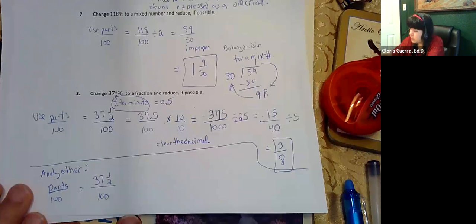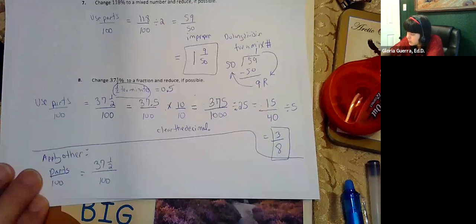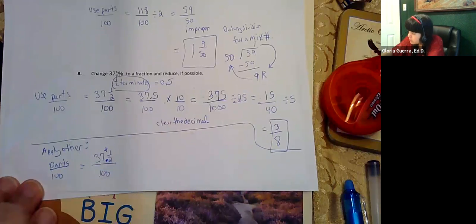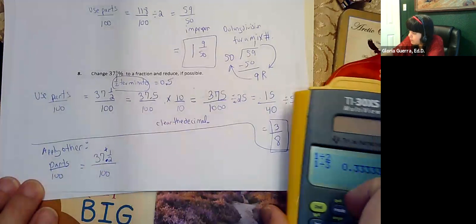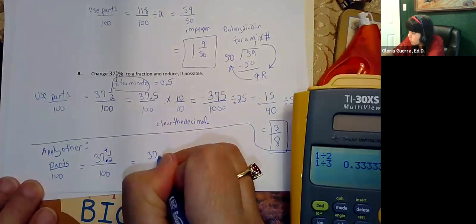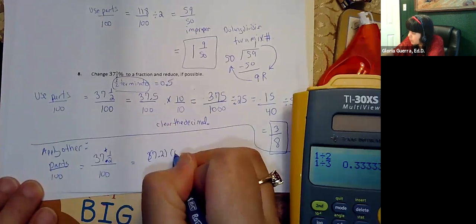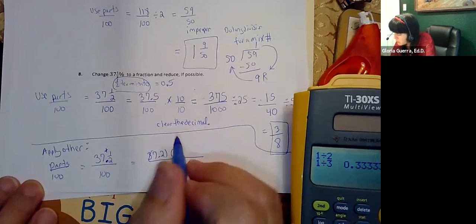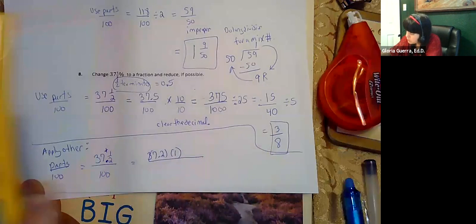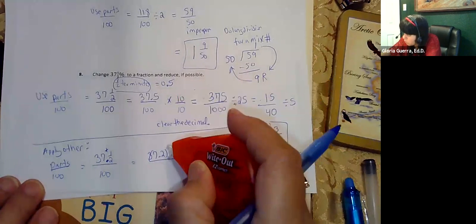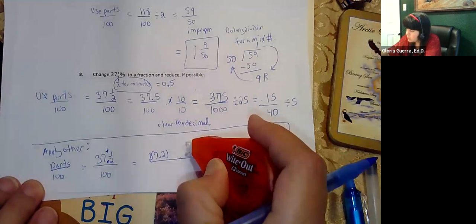Okay. So then I'm going to multiply and add: 37 times 2 plus 1. That's what this is here.